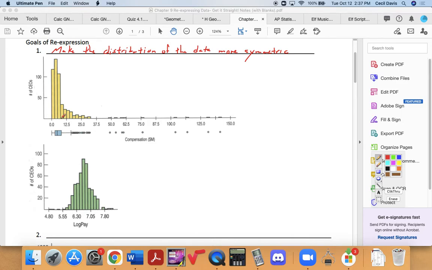We can't talk about how unusual this is. Remember, in terms of standard deviations, what are we looking for in order for something to be considered really big or really small? 2 or more standard deviations away from the mean. Okay? But we can here.